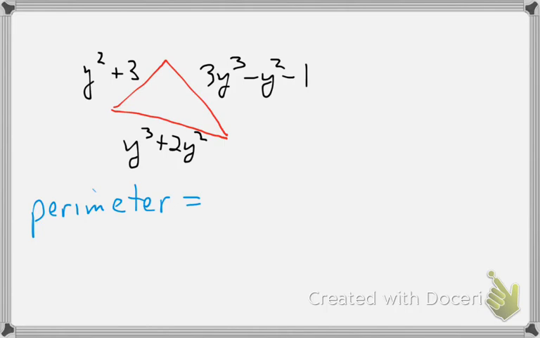So what terms do we have out there? I've got a y to the third here, and I've got another y to the third term here. So how many do I have of y to the third? I have 4y to the third. Is everybody okay with that? What's another term I have? So I've got y squareds here, here, and here. So how many y squareds do I have? 1 plus 2 plus a negative 1.